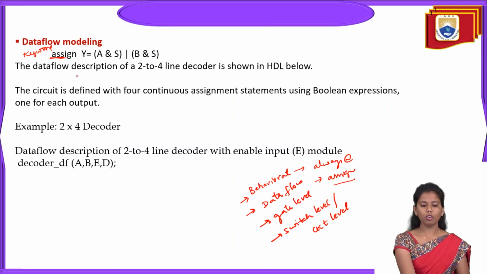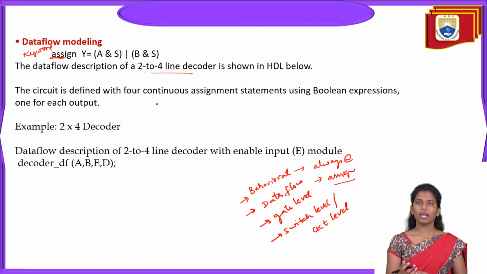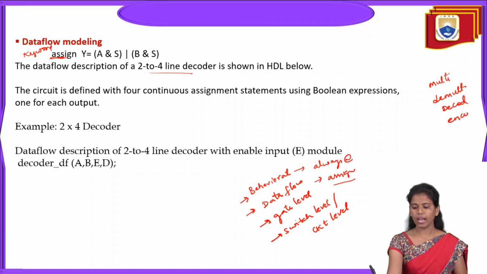Then the data flow description of a 2x4 line decoder is shown below. As I said, in the data flow modeling, you can write any sort of digital circuit. You can consider a multiplexer, a demultiplexer, a decoder, and an encoder as well.